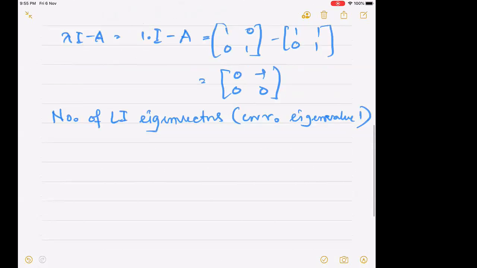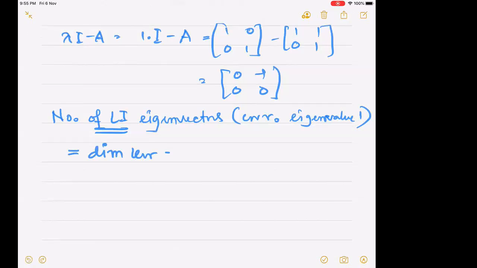This number is the same as the number of linearly independent eigenvectors. Let me write the equation and then it will be clear that this is nothing but the dimension of the kernel of lambda I minus A, right?